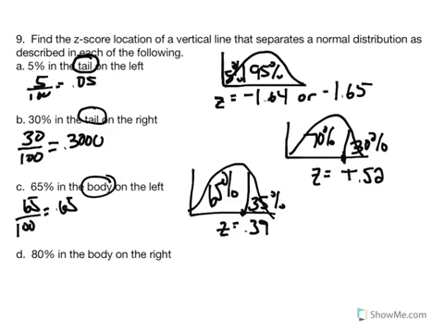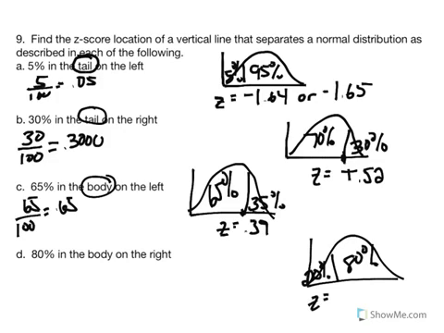So finally, the last one, we have a distribution where we have 80% in the body to the right. So 80% here, meaning we have 20% in the tail. And again, now we want to find out what z is equal to here that partitions the distribution where 80% is to the right in the body and 20% is to the left in the tail.